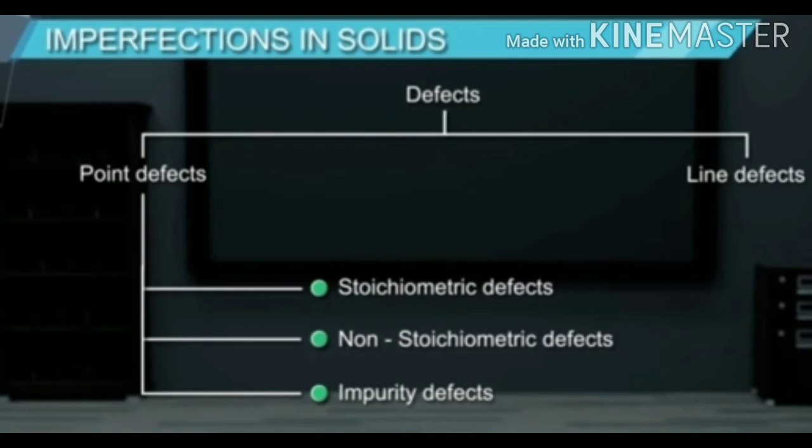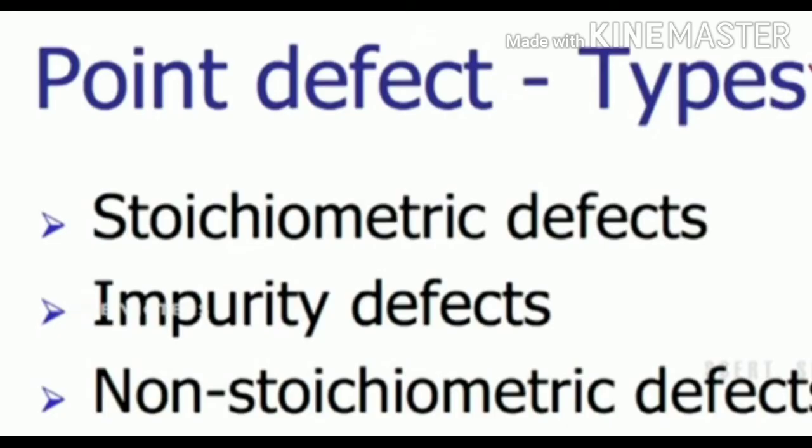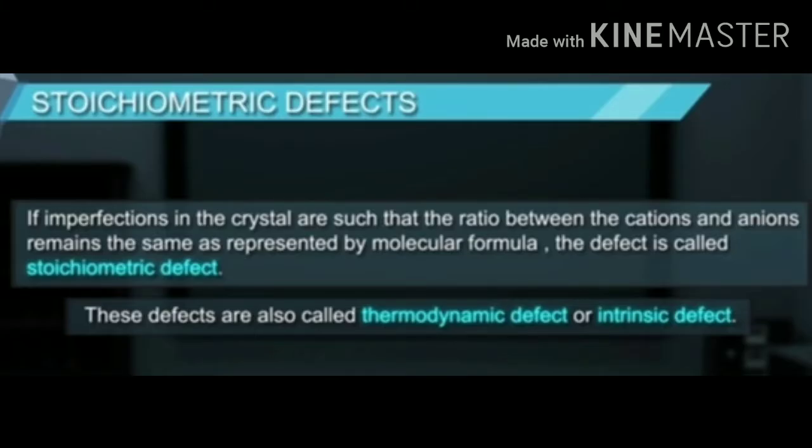Next, classification of point defects. Point defects are classified into three types: stoichiometric defects, non-stoichiometric defects, and impurity defects. First one is stoichiometric defects. If imperfections in the crystal are such that the ratio between the cations and anions remains the same as represented by the molecular formula, that means the defect does not affect the stoichiometric composition of the compound.